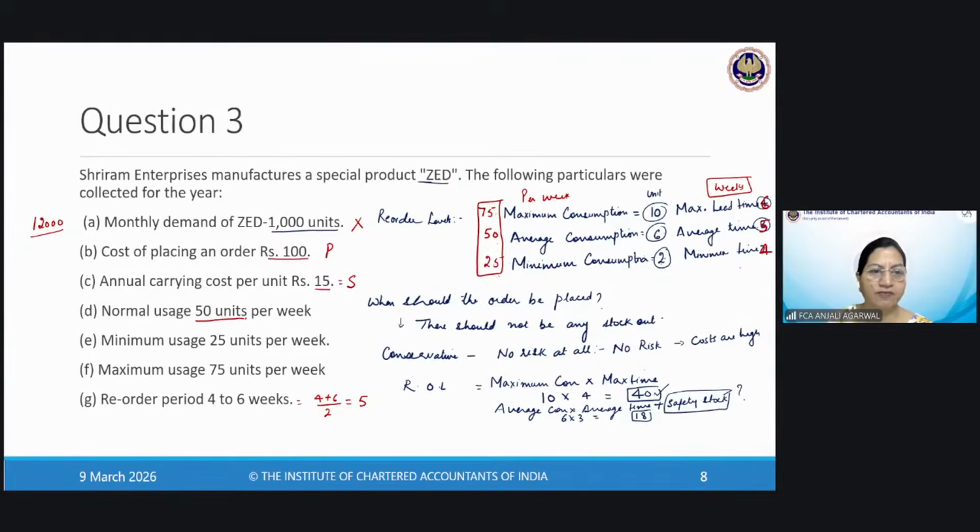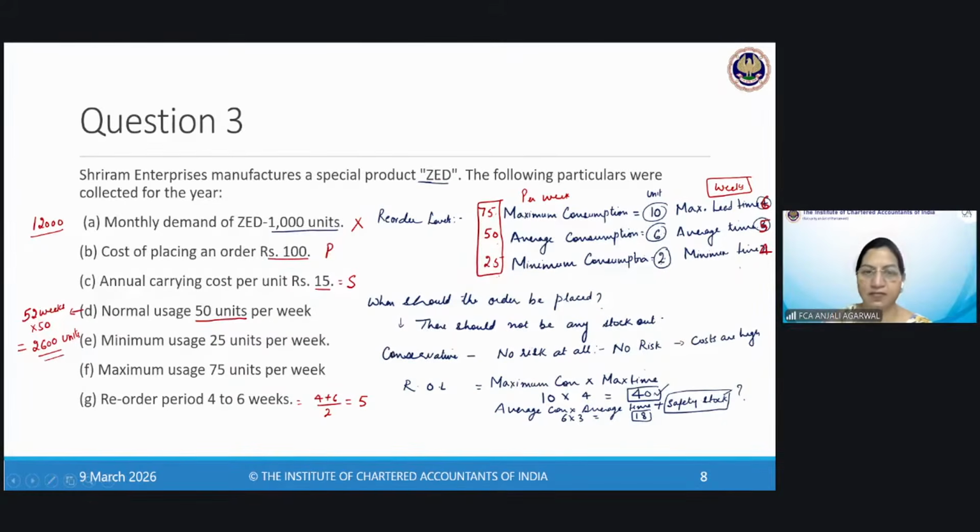So usage is 50 units per week of the material, and there are 52 weeks in a year. So 52 weeks into 50, 2,600 units is your usage.